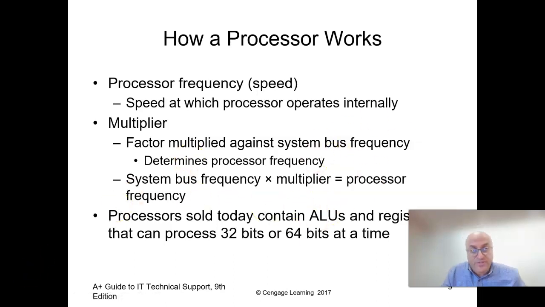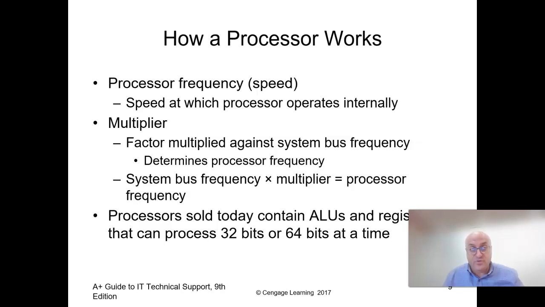The data and information between the CPU components will be transferred based on time, and this time is not hours, seconds, or milliseconds. It is like the frequency of the CPU. For example, system bus frequency times multiplier gives us the processor frequency.